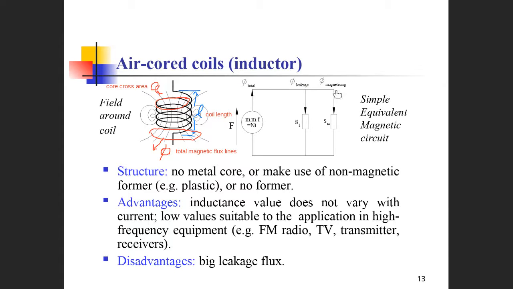They are in parallel branches, just like currents in parallel branches. This is the total flow, current flow, flux flow. This is the leakage flow. This is the useful flow of the flux. They are in parallel.